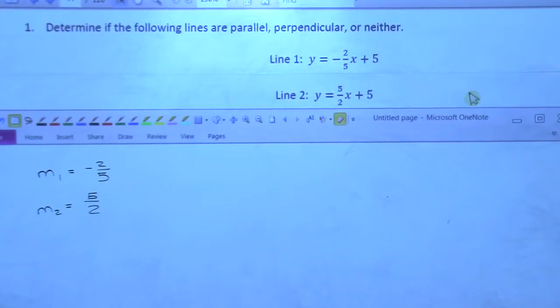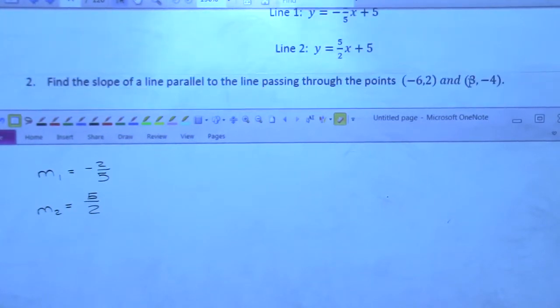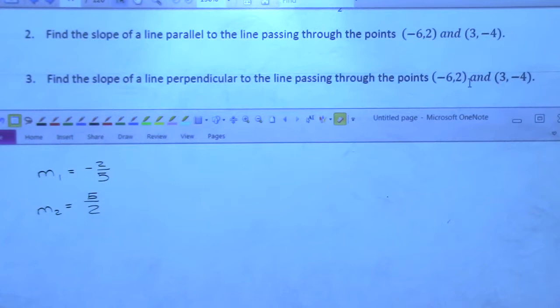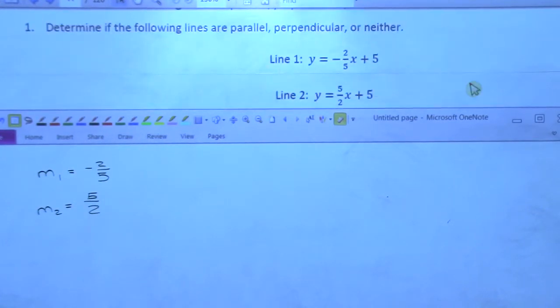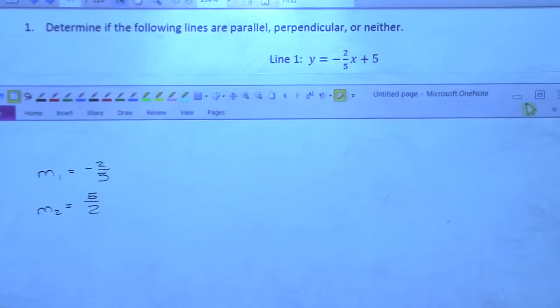All right, let's move on. Let's do another example before we do number 2. I'm going to make up my own and give you 2 lines.